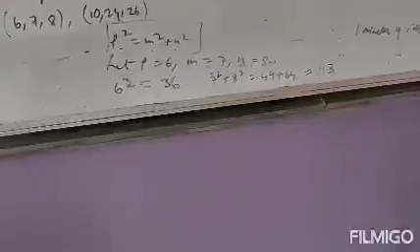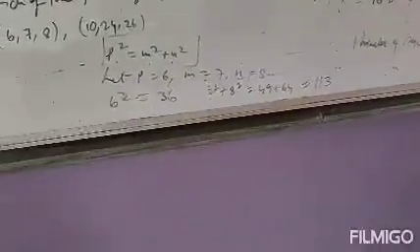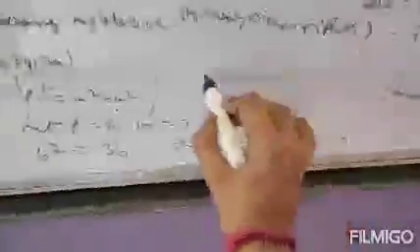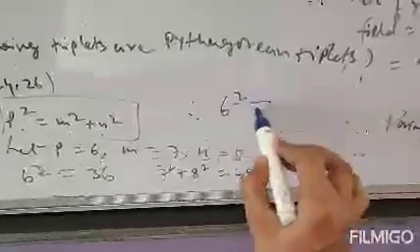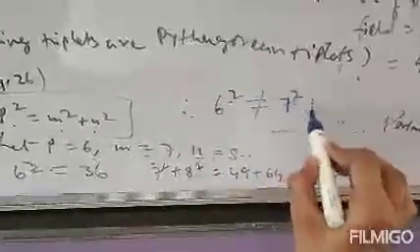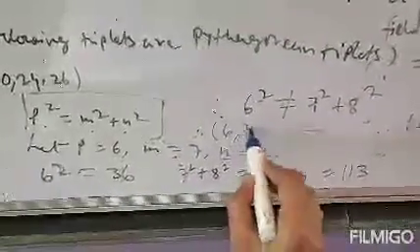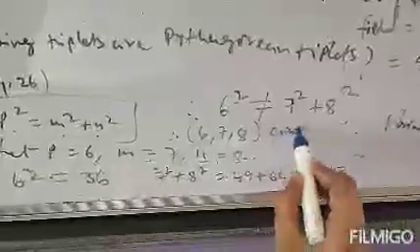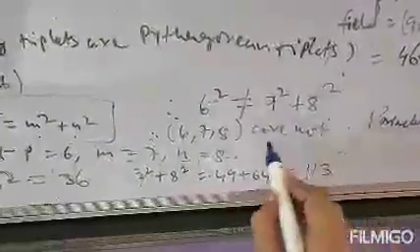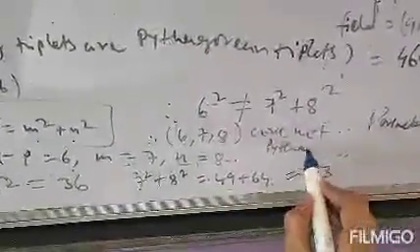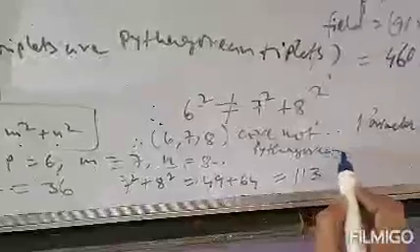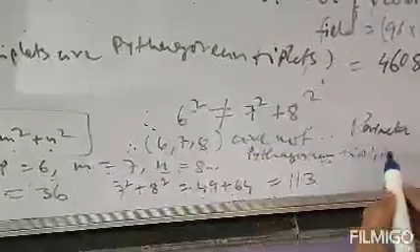So clearly we have seen 6 square is not equal to 7 square plus 8 square. So these three are not Pythagorean triplets. You will write like this: 6, 7, 8 are not Pythagorean triplets. Clear? This is your answer.